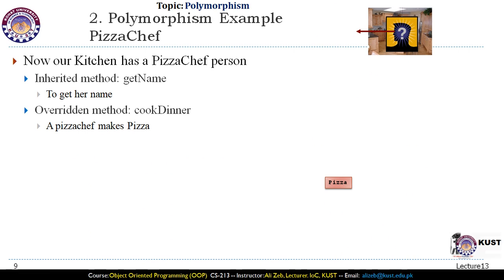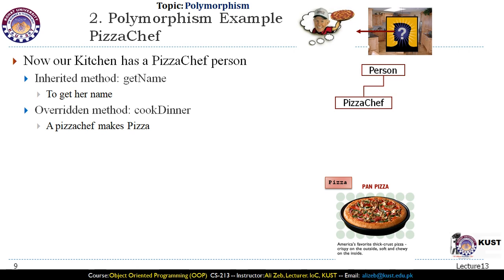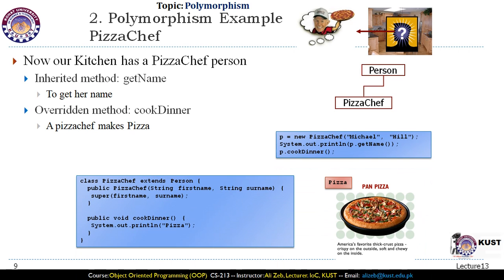In the third scenario, our kitchen has a pizza chef person. As in the previous case, we have inherited the method getName from the Person class, and we have overridden the cookDinner method from the Person class, but we have a different implementation of the cookDinner method in this case.